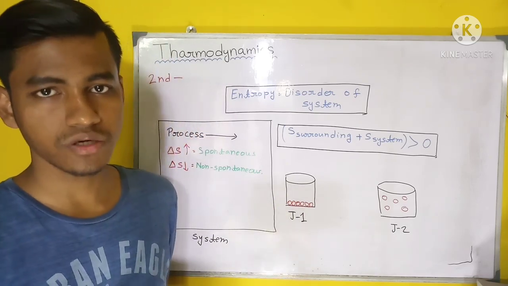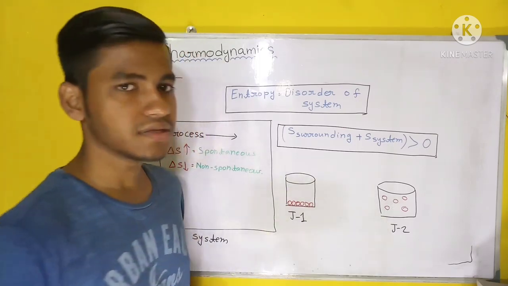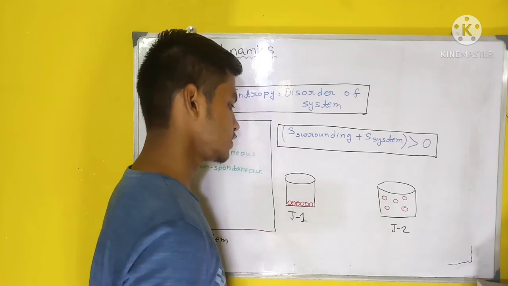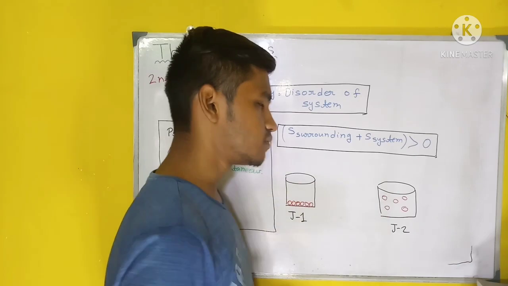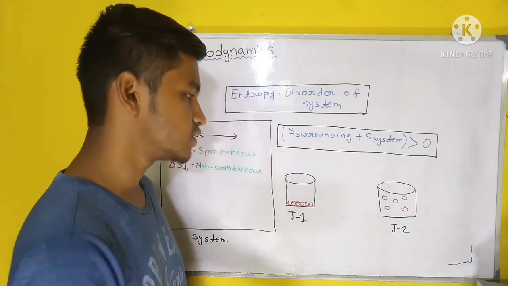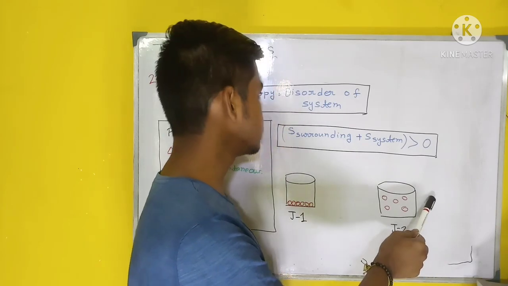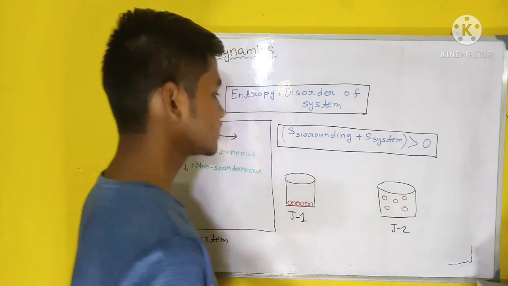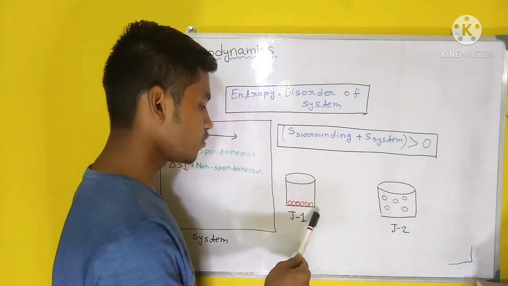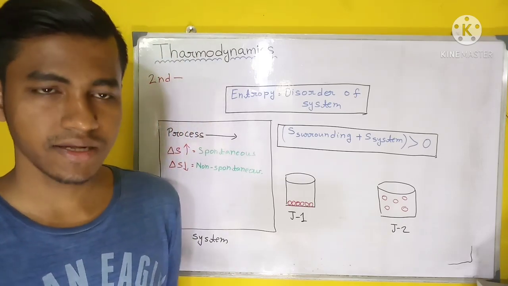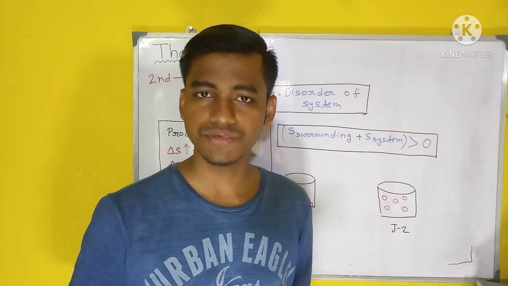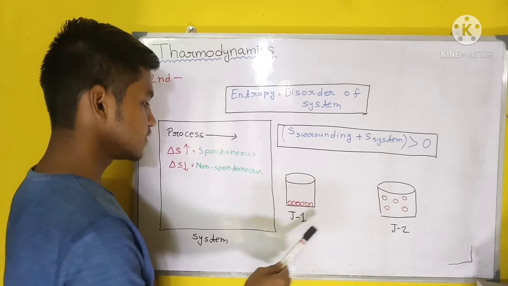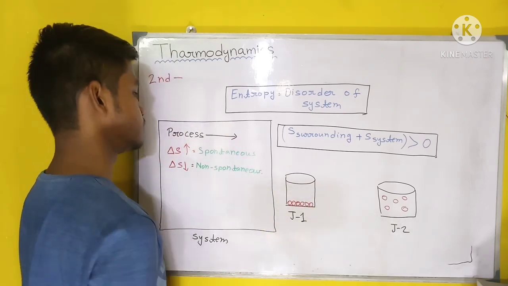That means they are not moving from one place to another. But in this case, the balls are not in an order. That means they are moving from one place to another. And if they are moving and not in an order, that means there is disorder present, guys. That means the entropy is increasing in this case, as there is disorder present, and in this case the balls are in an order, that means there is no disorder, so the disorder has decreased, so there is no entropy. So basically it is non-spontaneous and it is spontaneous, guys.